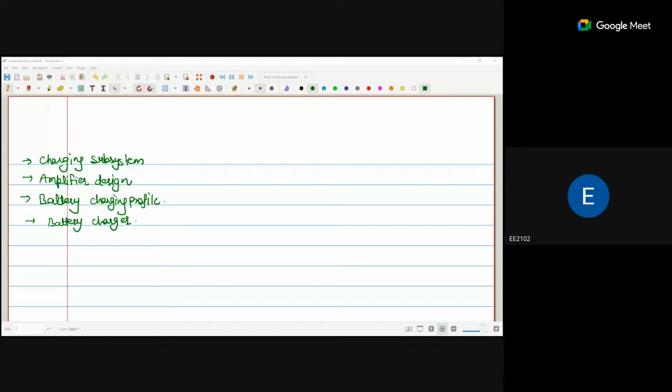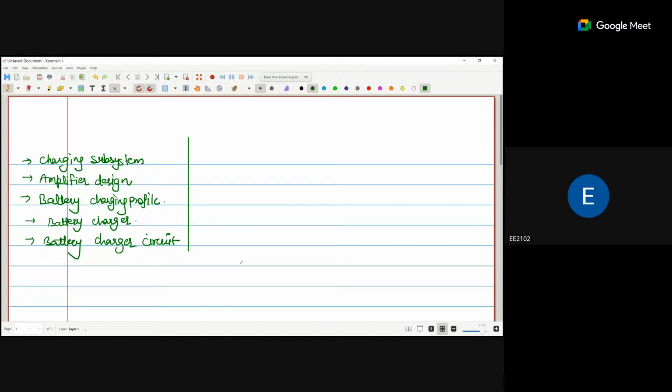Week 9? Okay, but battery charger circuit also. Battery charger circuit. Okay, so these five particularly.